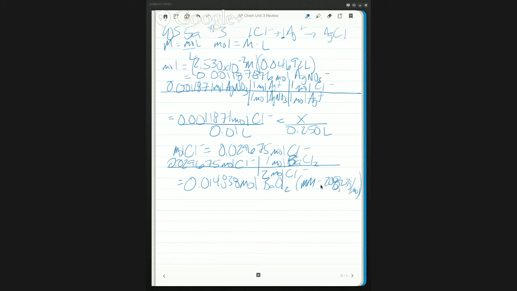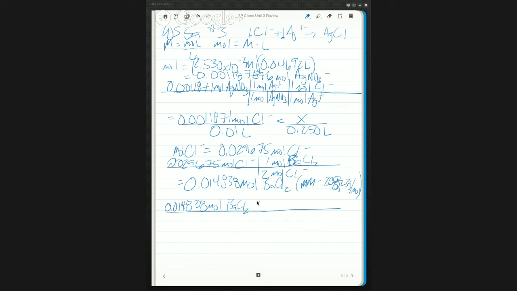Okay. Now we take that and multiply to find the grams of barium chloride. So that's 0.014838 moles of barium chloride.